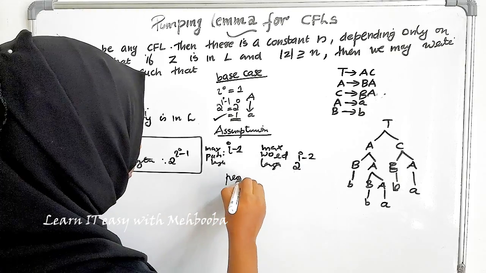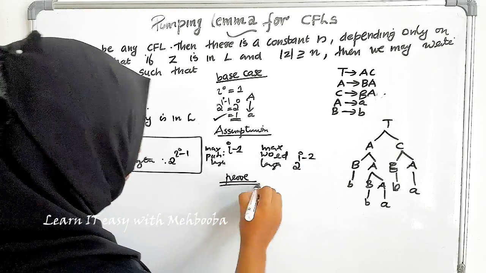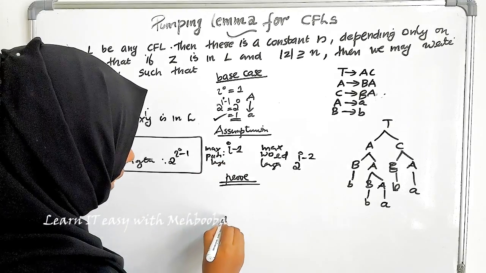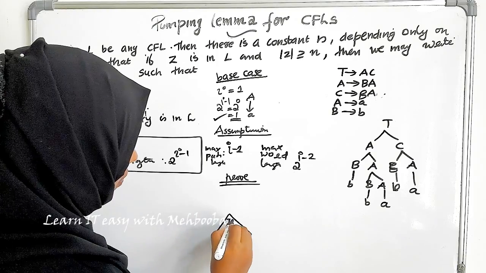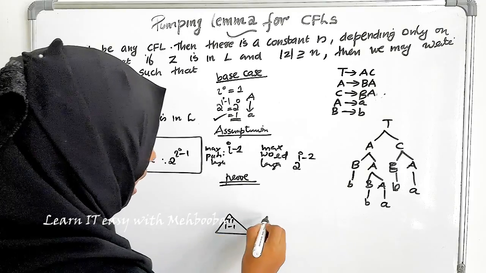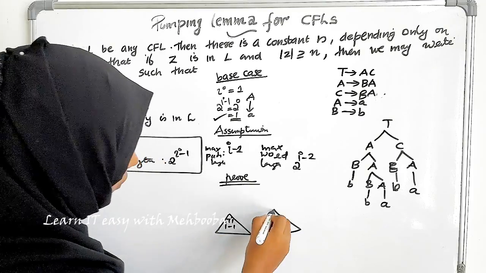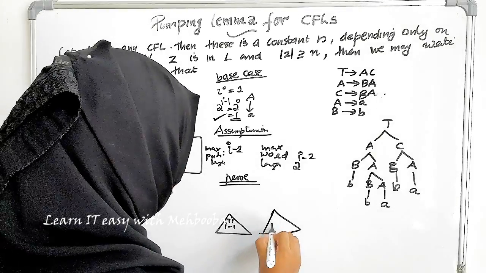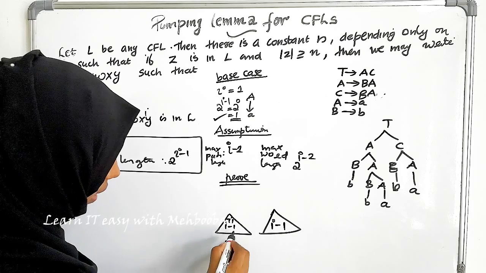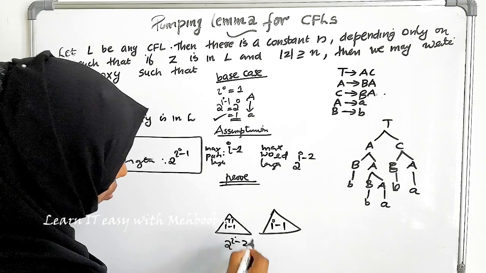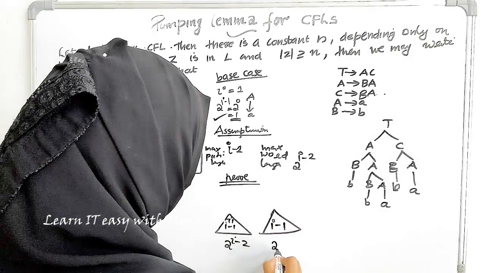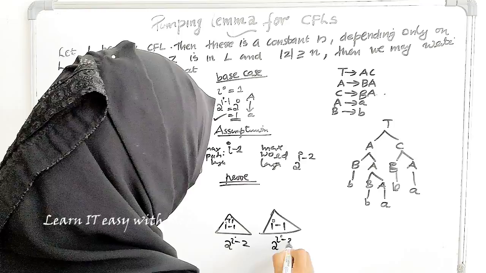Now we will prove it using induction. Based on this assumption, we are taking a subtree T1 which has the maximum path length I minus 1, and we have another tree T2 which also has path length I minus 1. So this will have word length 2 raised to I minus 2, according to the hypothesis. This also will have the word length 2 raised to I minus 2.